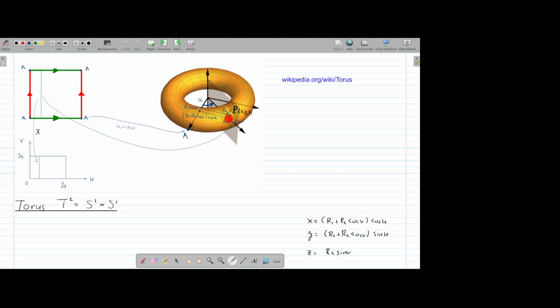So if we project this point onto the x and y axis, we obtain the x and y coordinates of the point P, given now by these relations here. Now R2 times sine V is the height of the point P from the xy plane, which is nothing but its z coordinate.